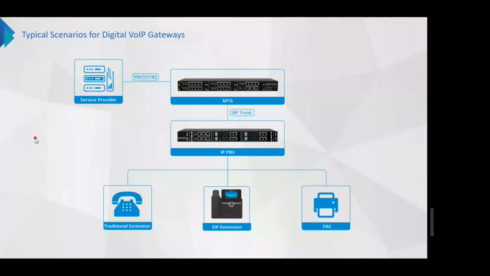However, if you provide a solution like service support, hotline service, call center solution and so on, customers can also make an incoming call, just dial the number, and the service provider will forward to the MTG. The MTG then connects to your IPPBX. After that, you route according to your customers' needs. So it's quite common and quite straightforward, easy to understand. If you are not familiar with that, you can always refer to this. It's quite a standard implementation.